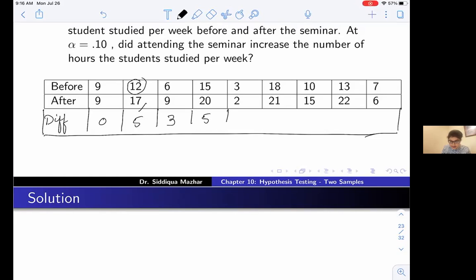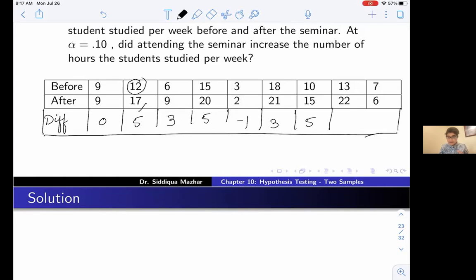The fifth student decreased his number of study hours, because previously he was studying 3 and then he studied 2 hours. So it means this is -1. He decreased his hours. The next student, 21 minus 18, which is 3. And the next student is positive 5.